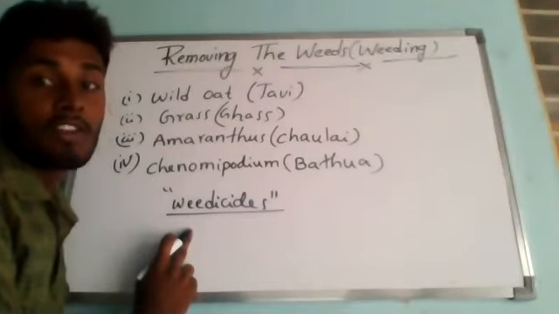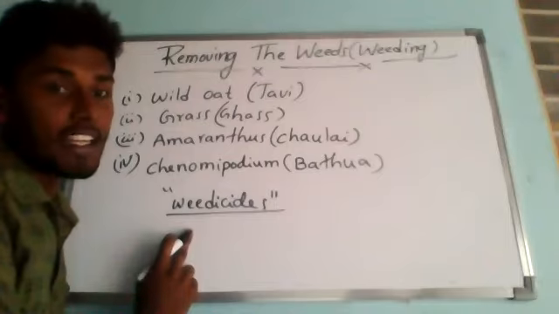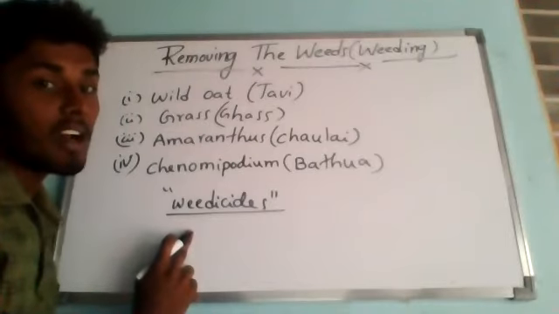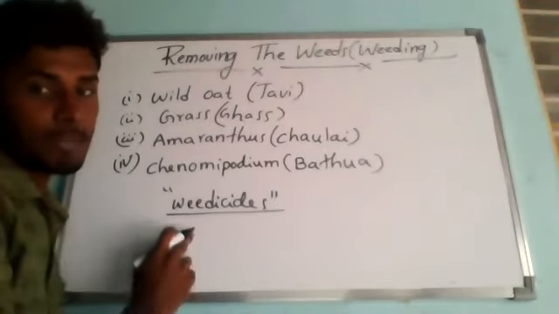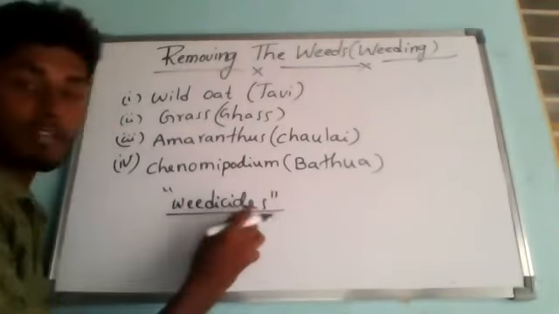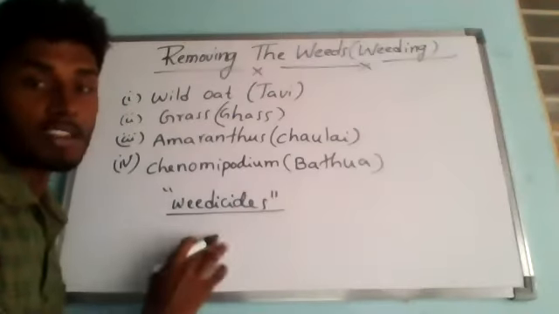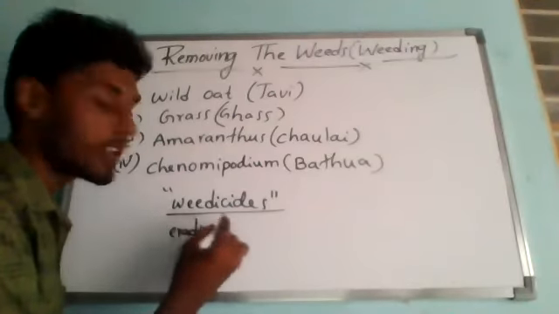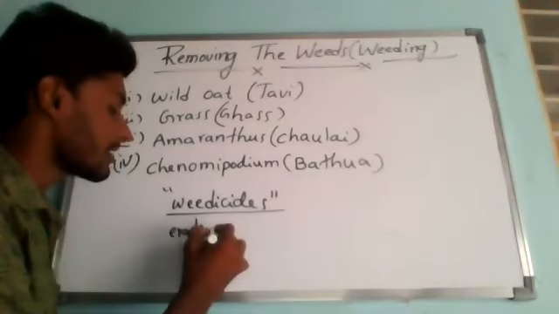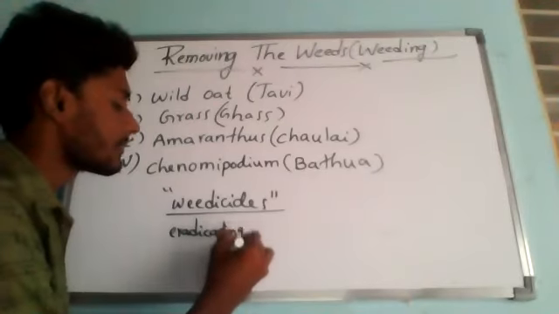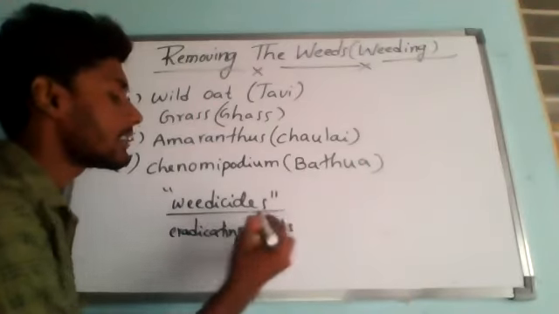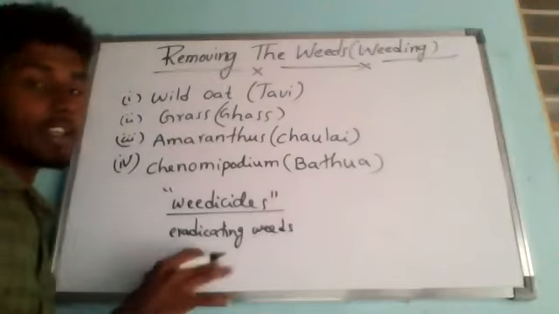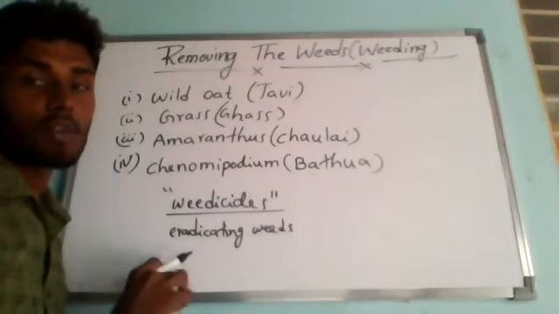The various methods of weeding or controlling weeds are for eradicating weeds. Just remember, weeding is also called controlling weeds, or else eradicating. Eradicating means reducing or controlling. We have various methods to remove these unwanted plants.